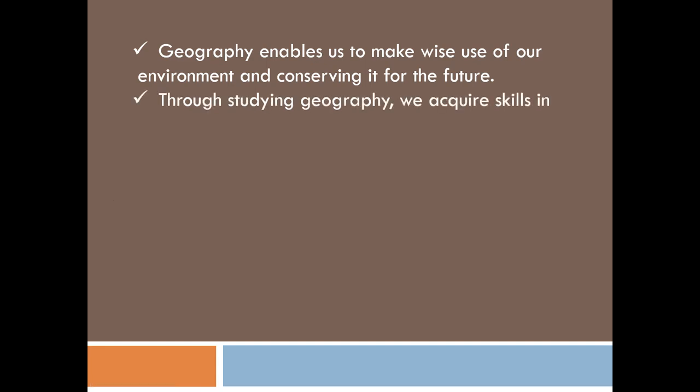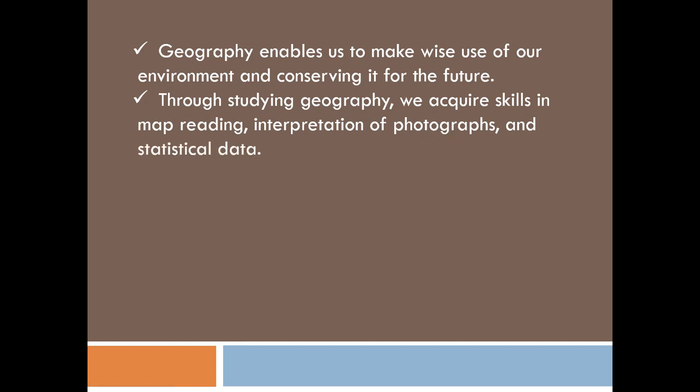Then through studying geography, we acquire skills, and these skills can be in map reading, in interpretation of photographs, and statistical data. We've already looked at how we can interpret photographs. You look at a photograph and know, in this photograph we have these features, human and man-made. In this photograph we can know which activity.